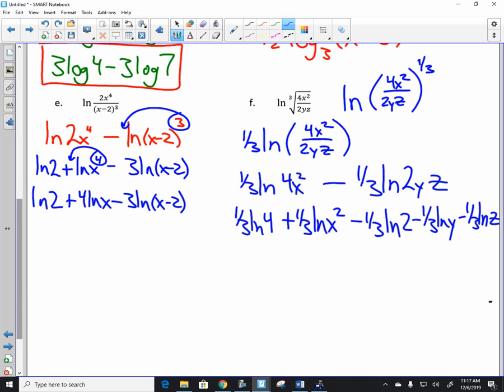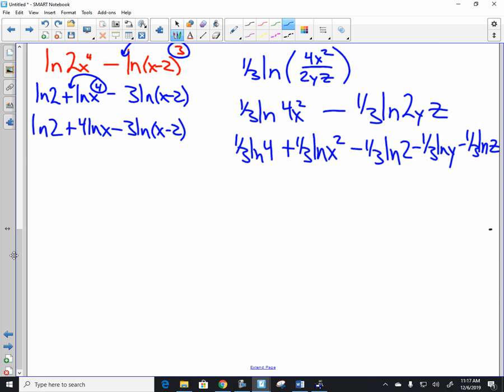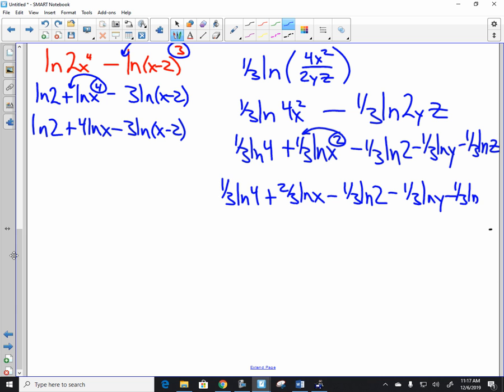Last thing I do is I dump the 2 out front here. That's my only power. 1/3 natural log of 4 plus 2/3 natural log of x minus 1/3 natural log of 2 minus 1/3 natural log of y minus 1/3 natural log of z.